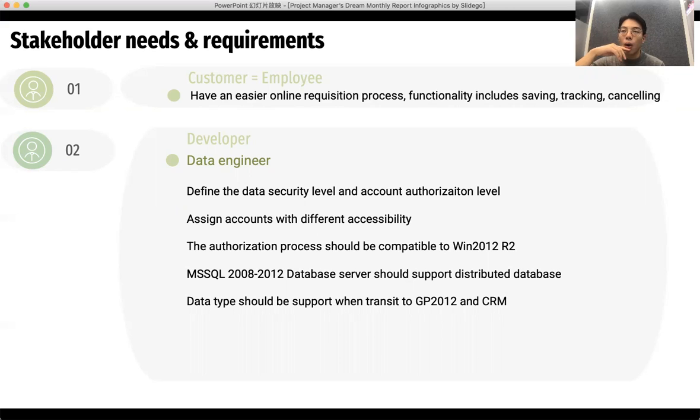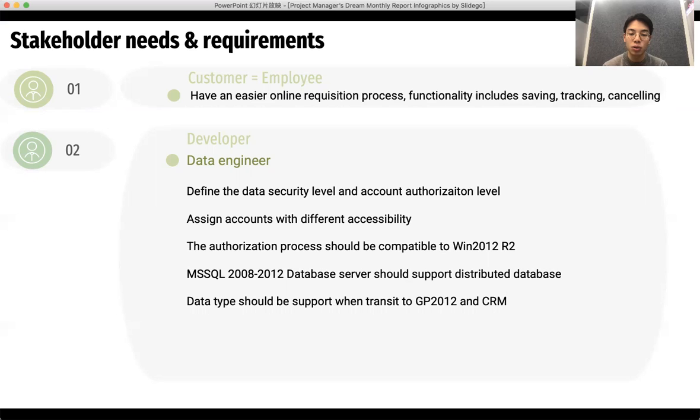And if people want to access different data, they may need the relevant account authorization level to access data of the corresponding security. The next part is to assign accounts with different accessibility. The next part is that the authorization process should be compatible with the specific operating system.